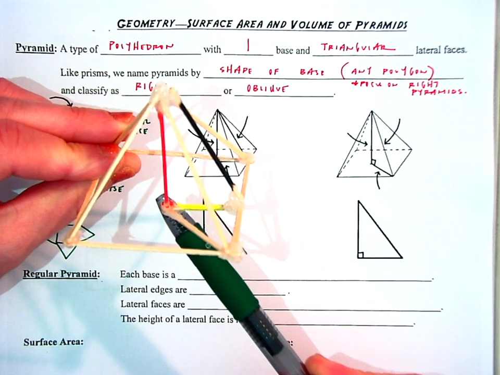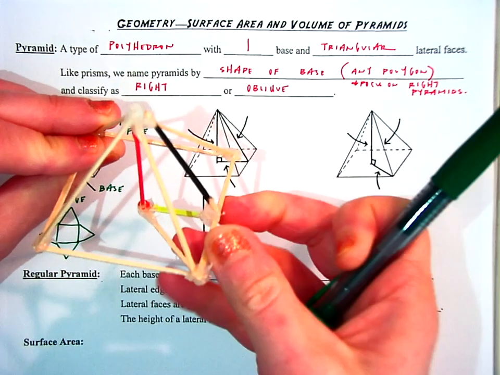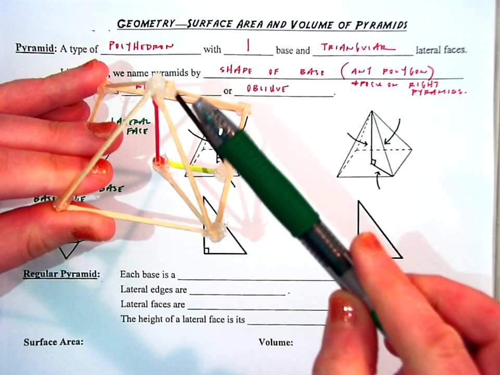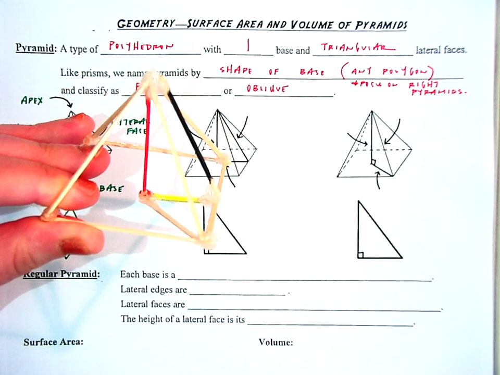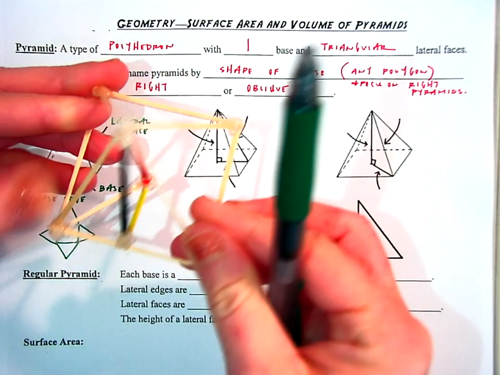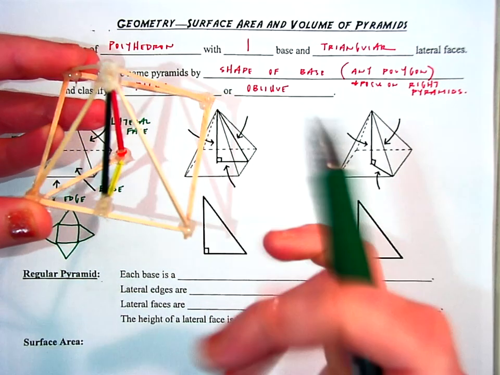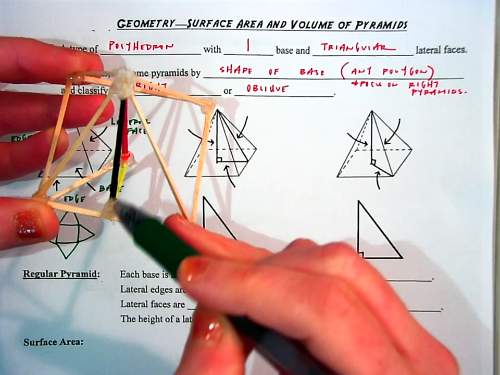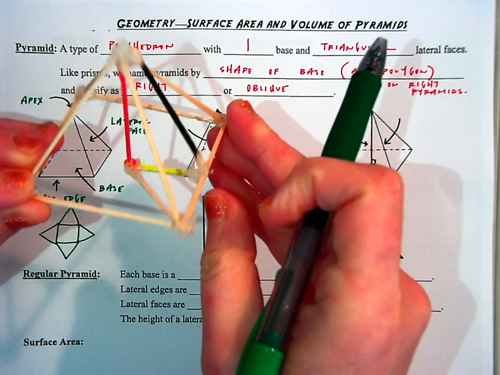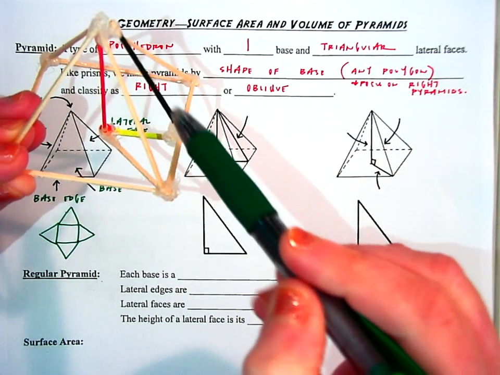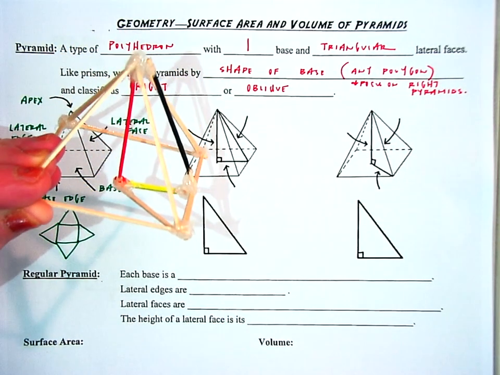So that is the height of it. Over here, this black part is what we call a slant height because it appears slanted. But if I rotate it like this, you can see that it's really just the height of one of those triangular lateral faces. But when I rotate back like this, you see that it has that slant to it. So we call it the slant height.